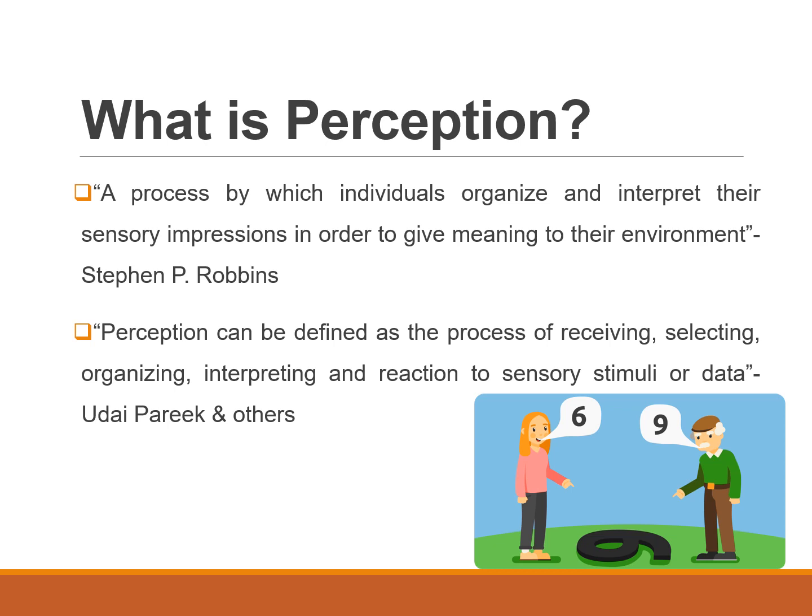And another person can perceive that it is compulsory for the organization to give a subsidized lunch pack to its employees. So likewise, different employees perceive the same situation in a different way.